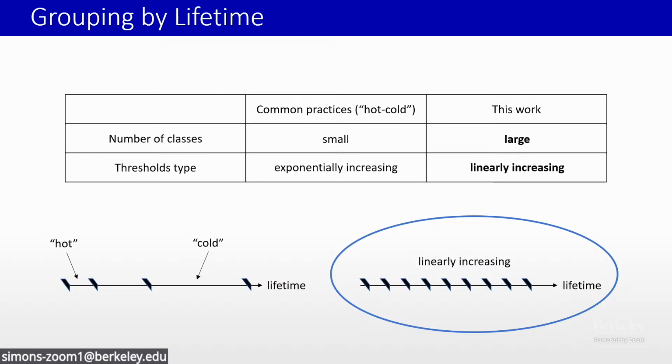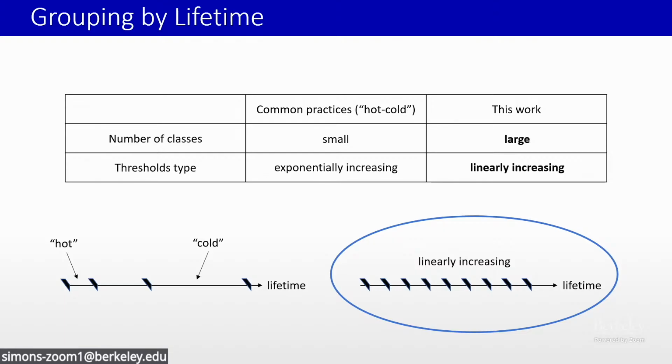In earlier works in the systems community, they have used exponential partitioning, and the reason why this doesn't work so well is that you have too few classes, and of course you can make mistakes between hot and cold, and that can get you into trouble.